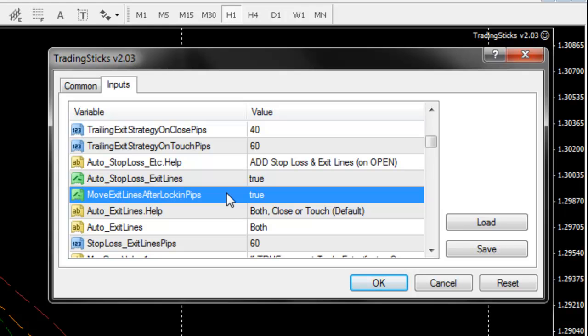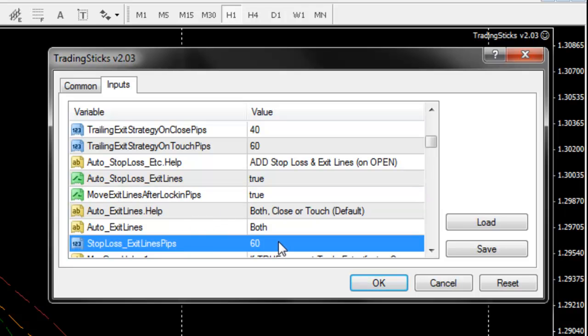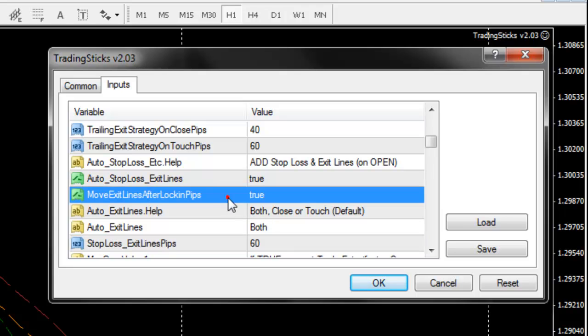And finally, although it's mentioned in previous videos, here we set where our stop loss and exit lines are to start. So if in the previous example we had set this to false, then because the on touch line is the same as the stop loss line, both of those lines would be together, and the trailing exit on close would be 20 pips closer to the action.